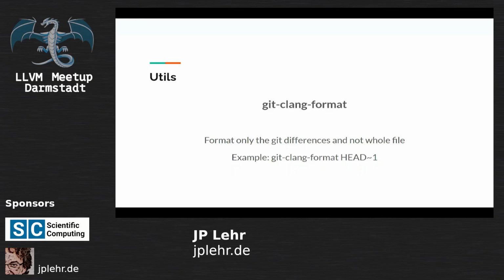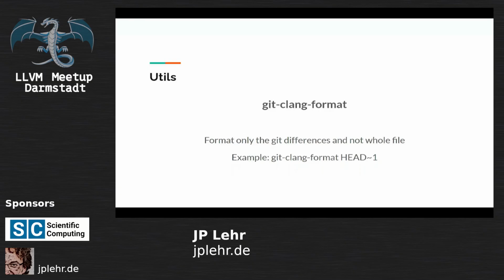Then obviously git-clang-format, in case you didn't know so far or have not used it. That's quite a handy tool because it will only format the actual diff that you have in a git commit. So for example, if you worked on something, you git committed it, and you have the commit sitting at HEAD, you can use this to clang-format just the diff between your current patch and the patch before that.